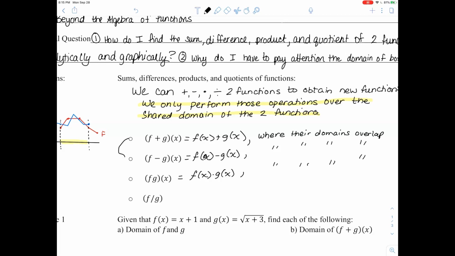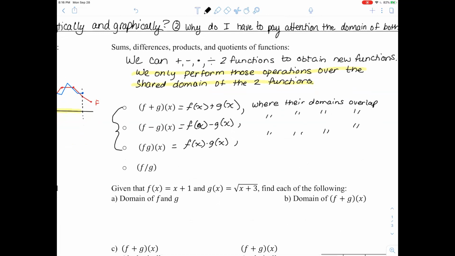Now these three situations will all have the same domain. Once I give you two functions and I say find the domain of their sum, the domain of their difference will be the same and the domain of their product will also be the same. The only one that's a little different is when you're dividing, because you're putting a function in the denominator.